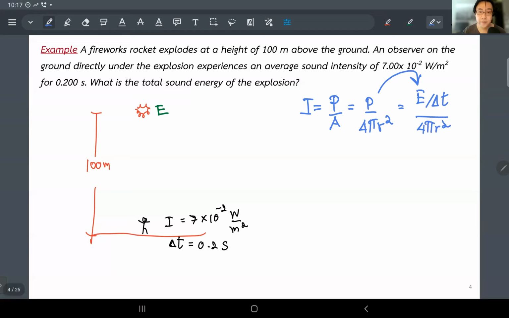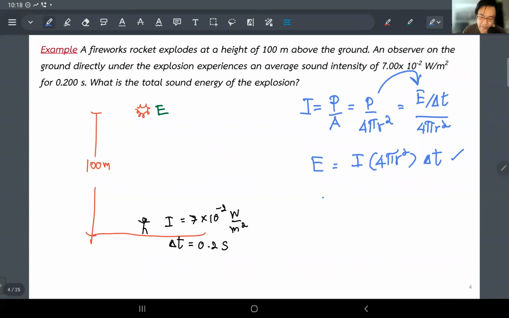From here you can calculate E, the energy from the source. It's just the intensity times the whole surface area, multiplied by delta T, and you are done. Does that make sense, guys?